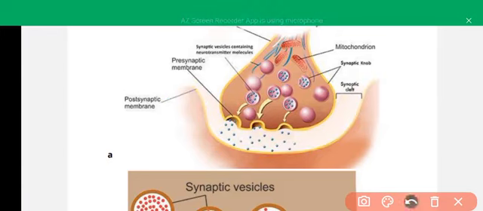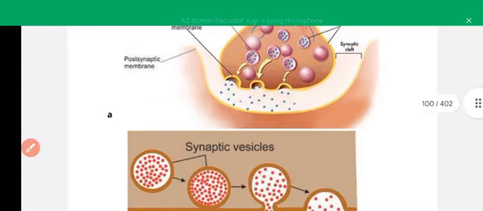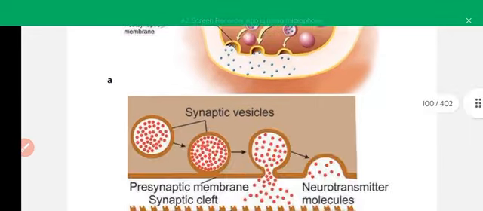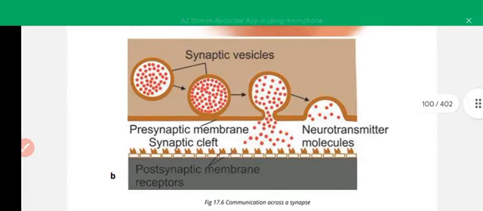Here is the receptor for them, and they are received. When received, neurotransmitters like acetylcholine, epinephrine, norepinephrine, and serotonin cause membrane changes like sodium inward and potassium outward, and also cause a new action potential to be transmitted.